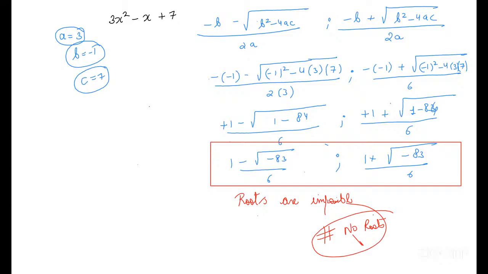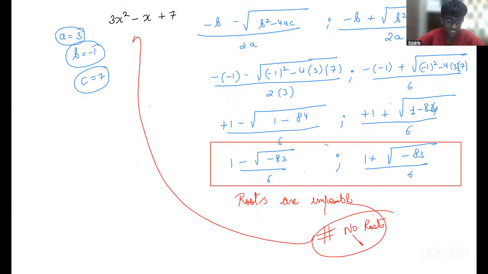It means that in this equation, in the whole number system, you will not find any value of x which satisfies zero. Did you understand? Not whole number system, real number system. Real number system means irrational numbers or rational numbers or whatever numbers we have.